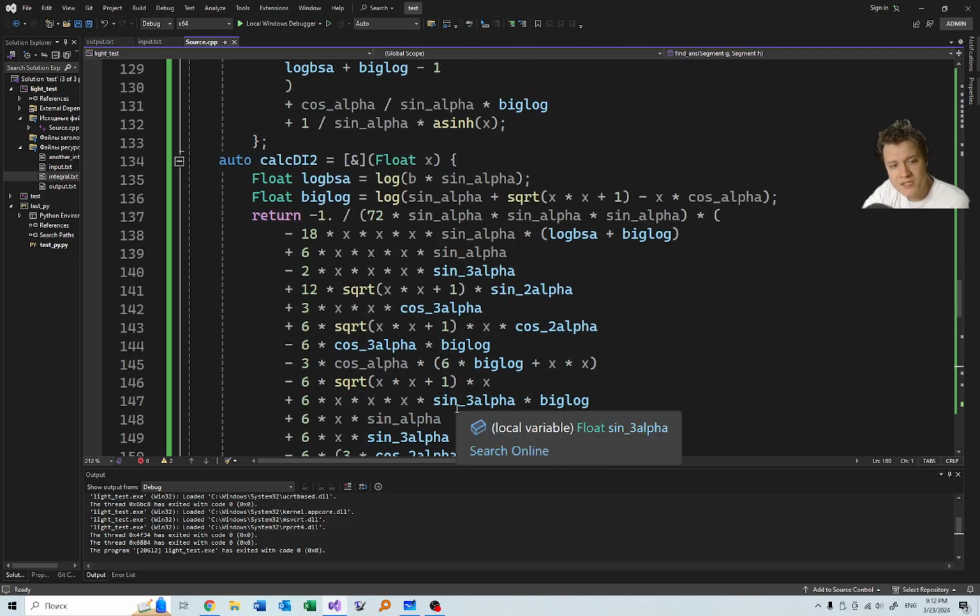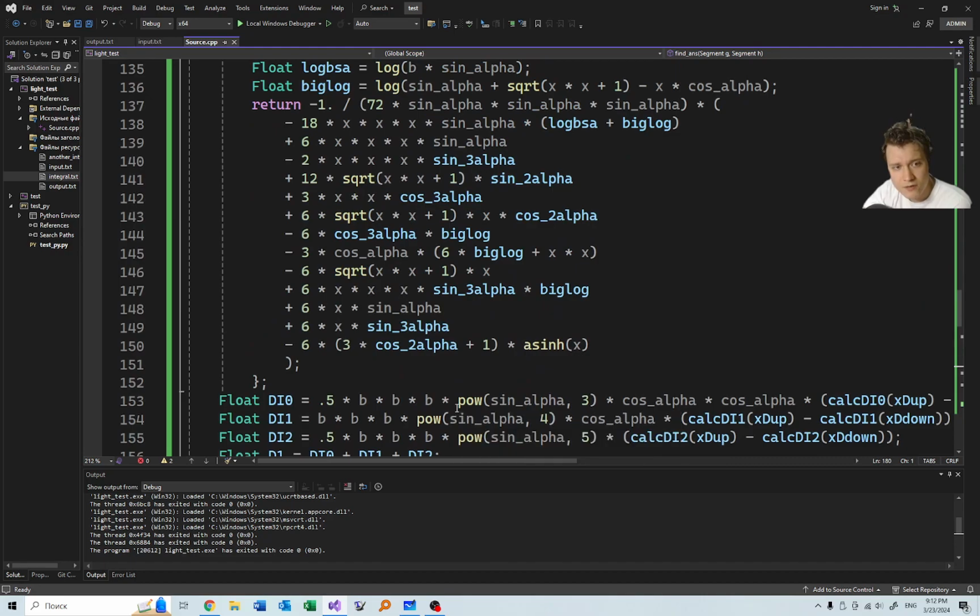Maybe this means that we need to massively simplify our formula, like really massively.